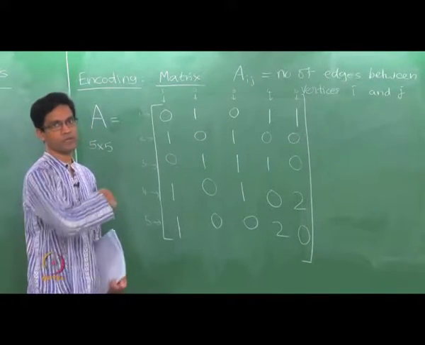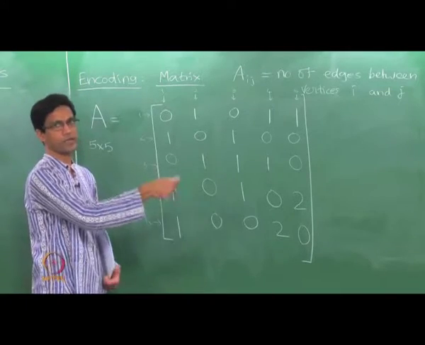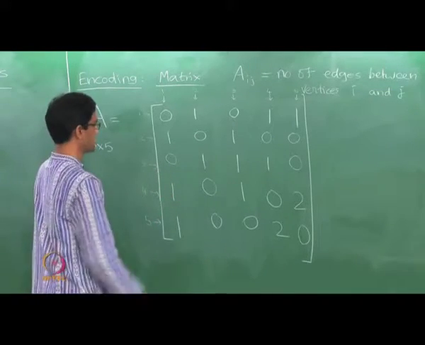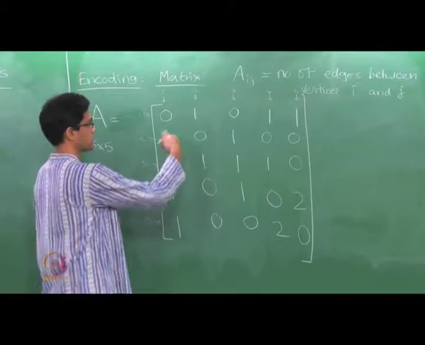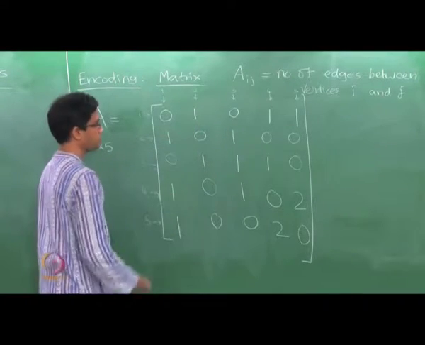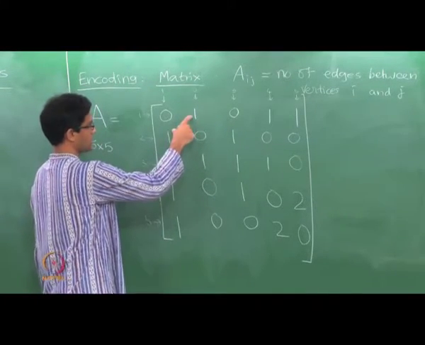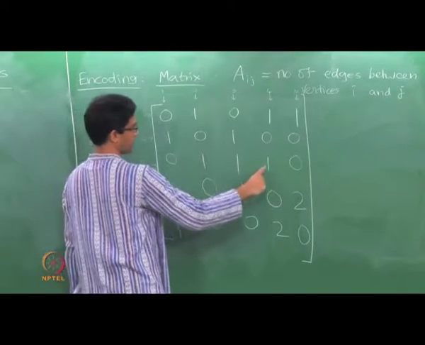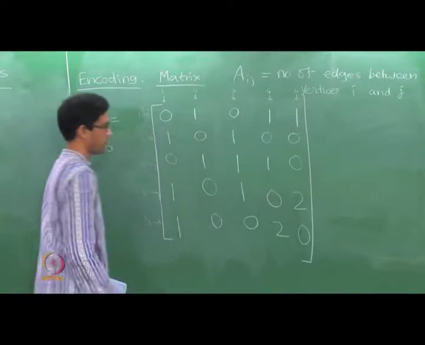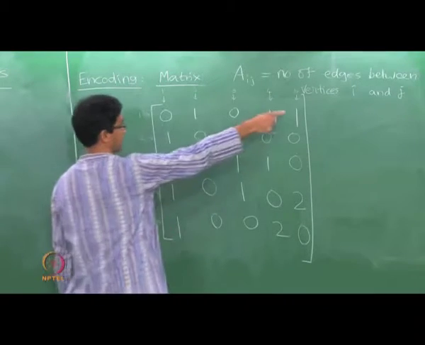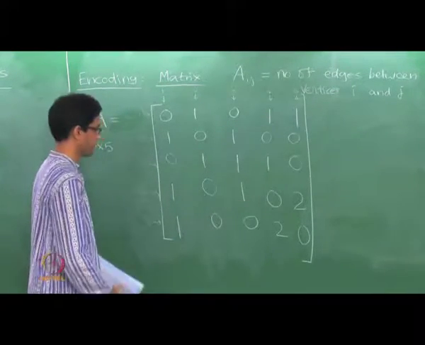Okay, whether you think of an edge as connecting i to j or connecting j to i, it is the same thing. So this is what's called a symmetric matrix. Entries above the diagonal and entries below the diagonal are equal. This and this are equal, these two are equal, these two equal, and so on. Okay, similarly, this one and that one are the same.